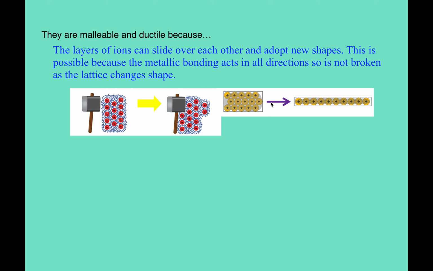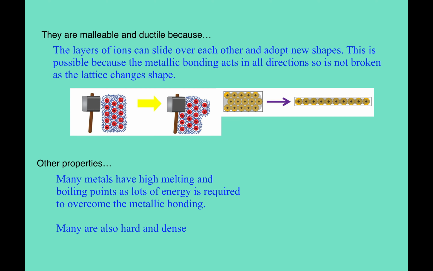And this is called ductility, isn't it? If you pull on the ends of some metal, it will be drawn into wires. So you can make metal wires, typically with copper. So copper atoms can form metal cables and wires by being stretched. So they're malleable and ductile.